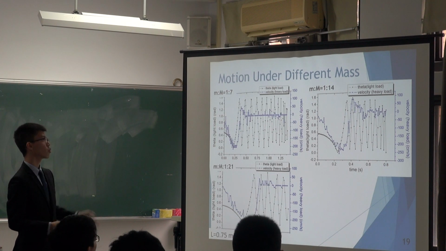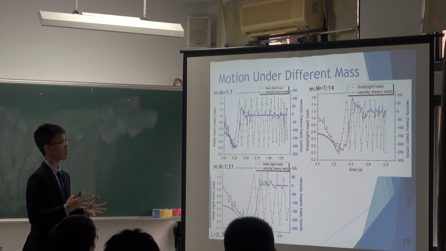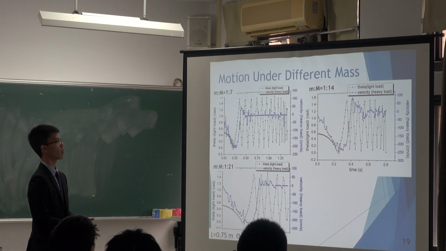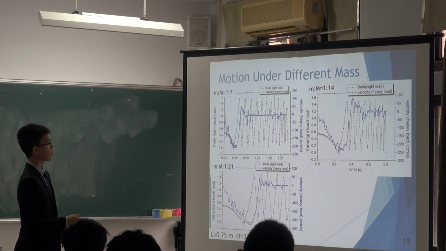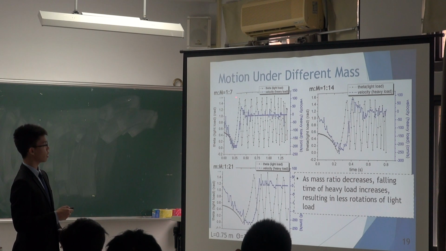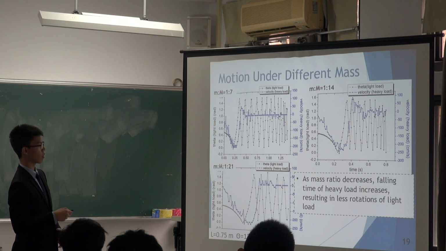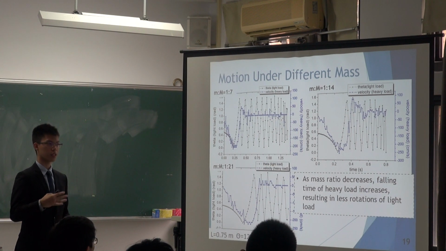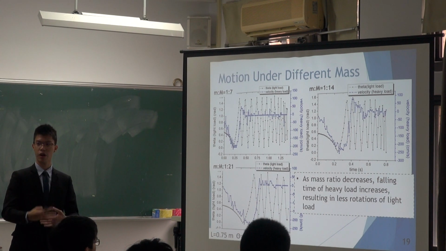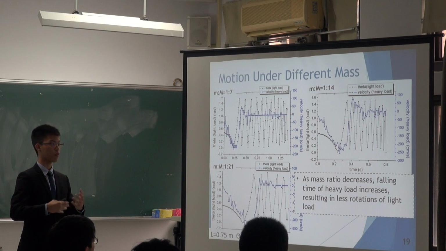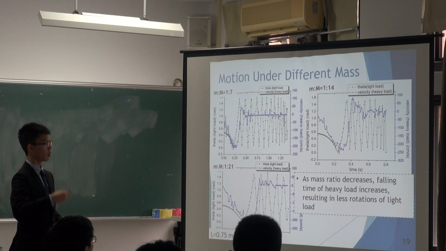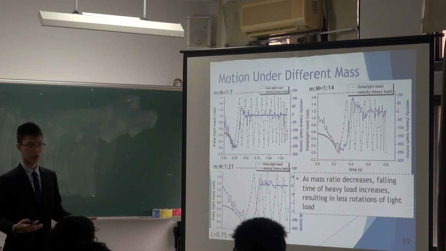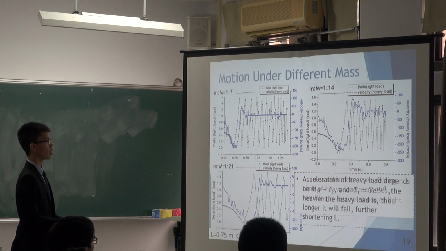So we discussed the motion at different mass ratios, which we think could potentially affect the phenomenon. You can see here that as the mass ratio decreases, from this one to this one, the falling time of the heavy load also decreases, which means a slower motion, resulting in less rotation of the light load over time as well.